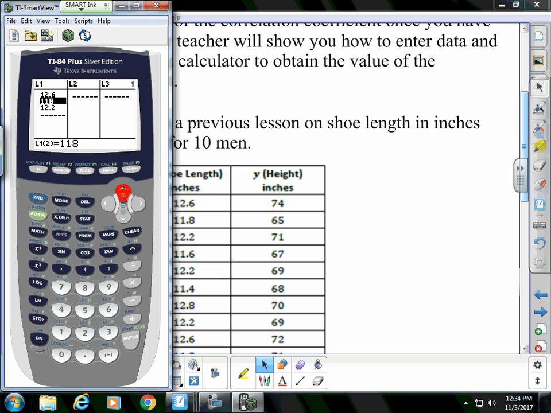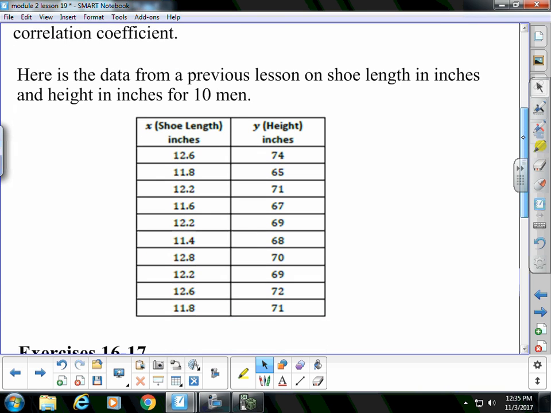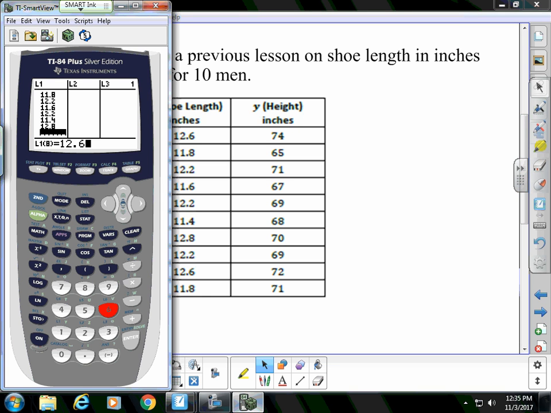Oops, I noticed my 11.8, I did the decimal wrong, so I'm going to take that one over again. 11.6, 12.2 again, 11.4, 12.8 again, 12.6, 12.8 after 11.4, so 12.2, 12.6, 11.8.